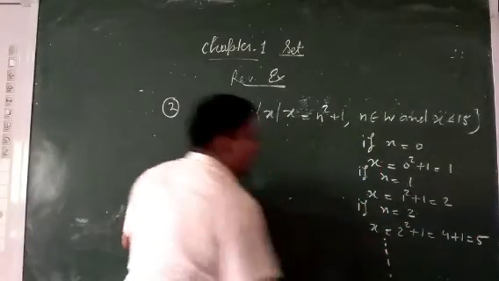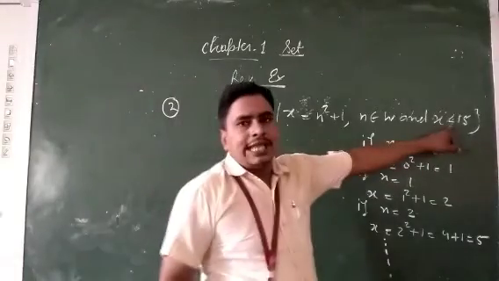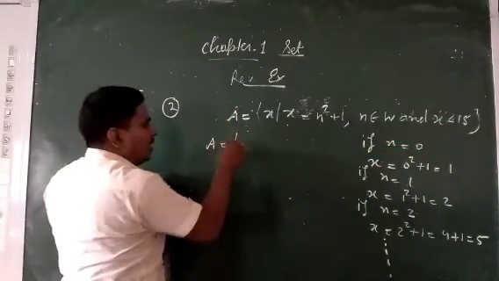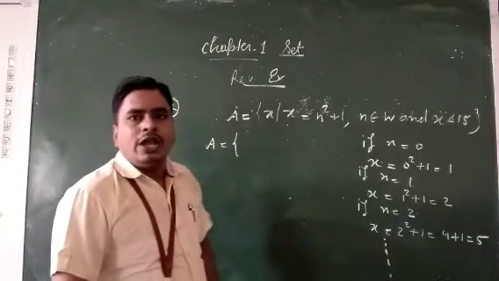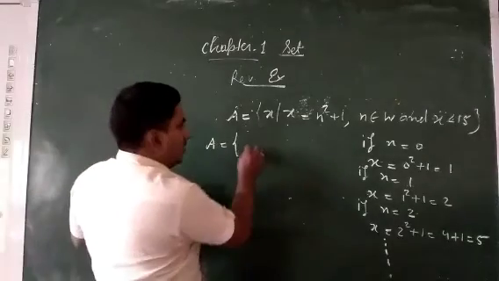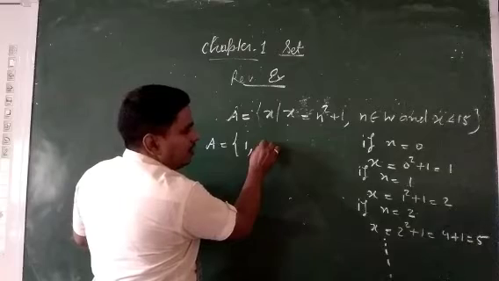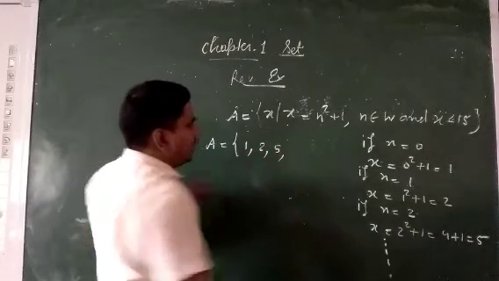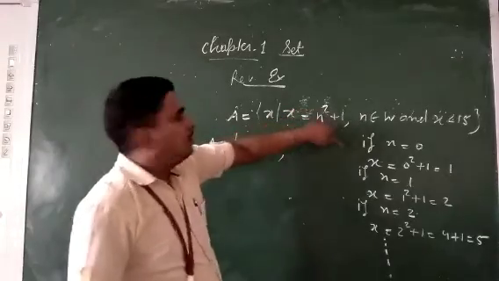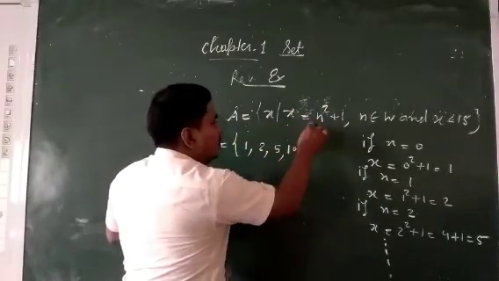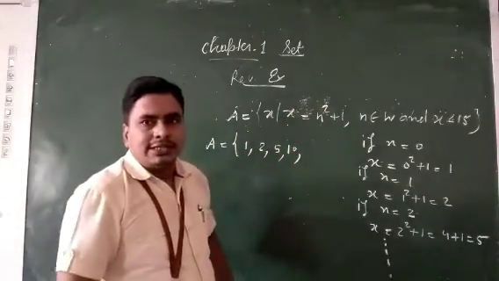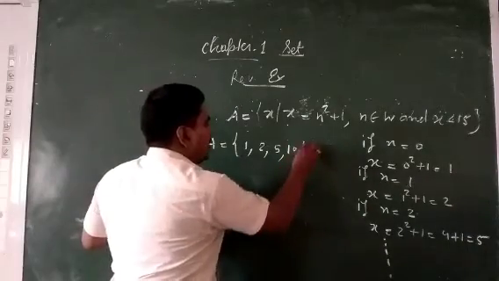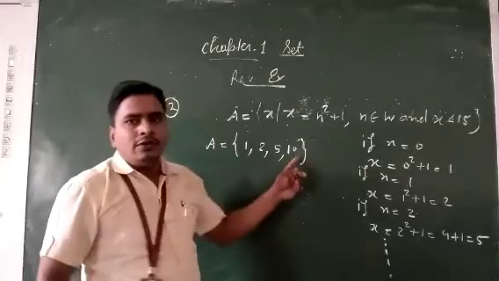So we can find the value of X, but it should be less than 15. Now I will write the elements of set A in roster form: 1, then 2, then 5, then for 3, 9 plus 1 is 10, for 4, 16 plus 1 is 17. More than that, no, so only up to 10.